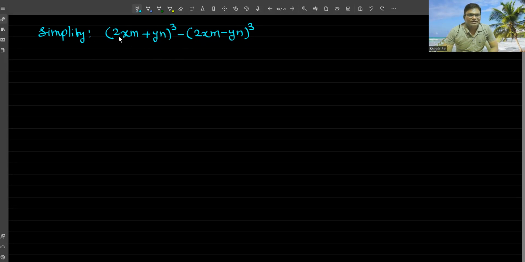Because in the first bracket, we have the addition of two terms, and in another bracket, we have the subtraction or difference of the same terms, and the indices of both brackets are 3, or cube of the brackets.